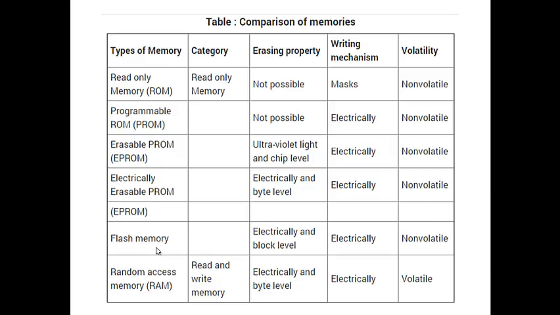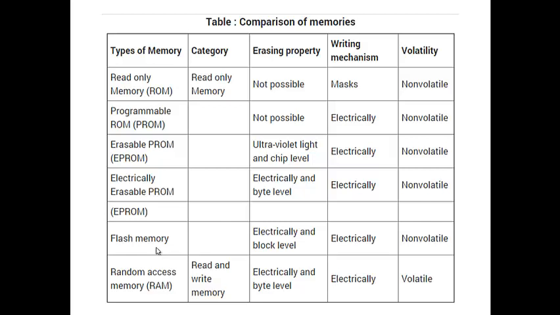Then we will compare the 2 types, read only and random access. The comparison chart covers the erasing property, the writing mechanism, and volatility. Read only memories are non-volatile, so they will not get erased, whereas random access memories are available as volatile and non-volatile.